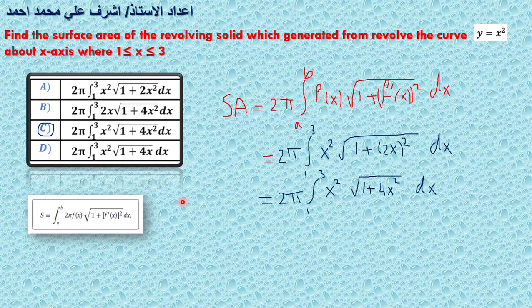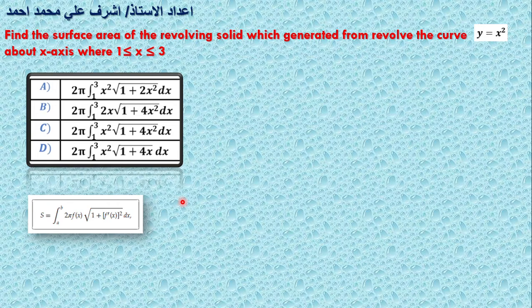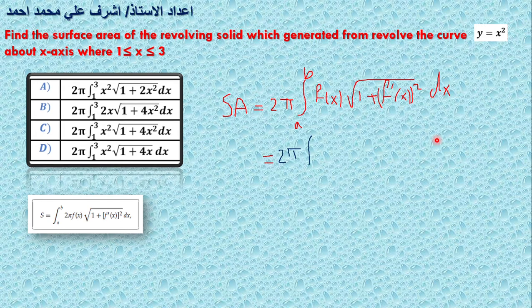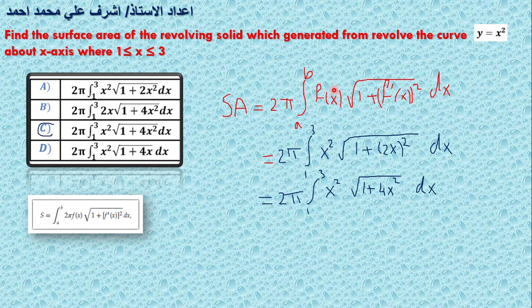This is our formula. f of x equals x squared, so f prime of x is 2x. The integral from a to b, this interval 1 to 3, of f of x times the radical of 1 plus f prime of x squared.